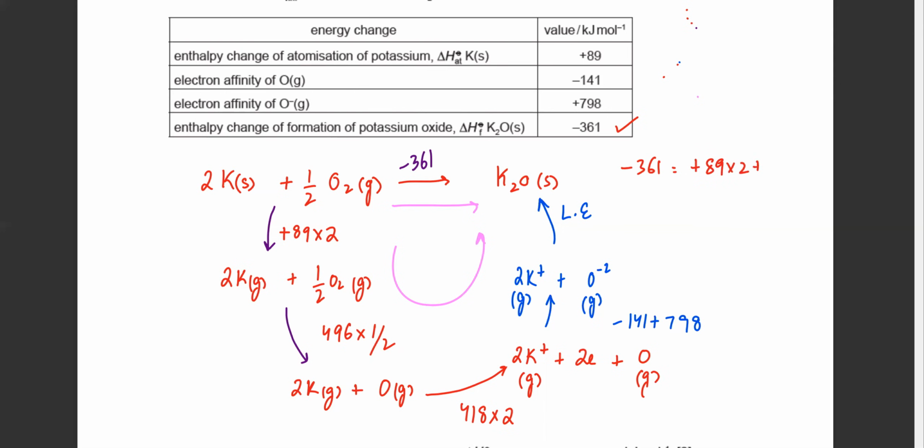And then it's plus 496 times half. Then you've got 418 times 2. Then you got minus 141. Then you have plus 798. And then finally you have lattice energy. So you solve this and tell me what the answer is.